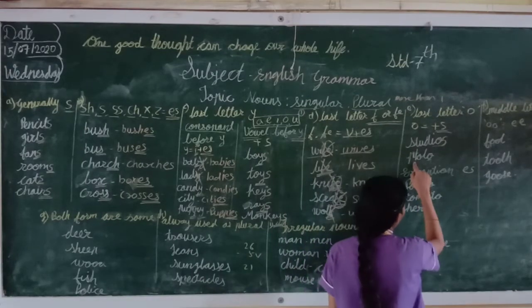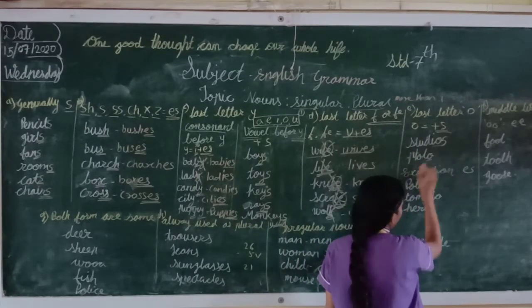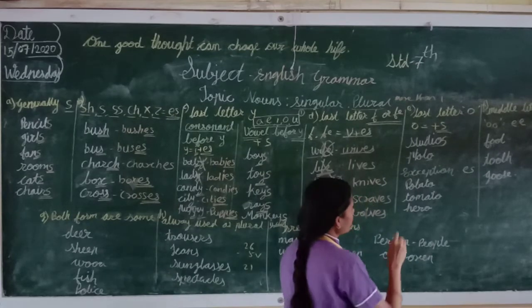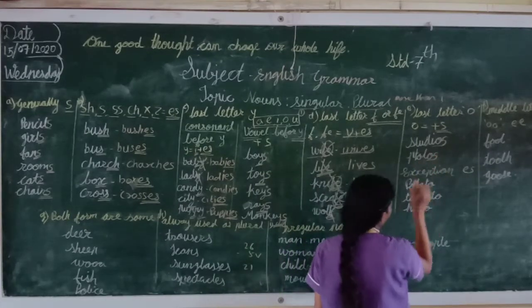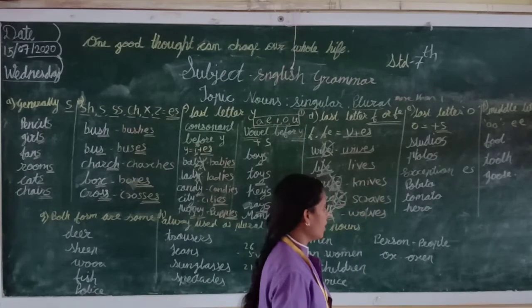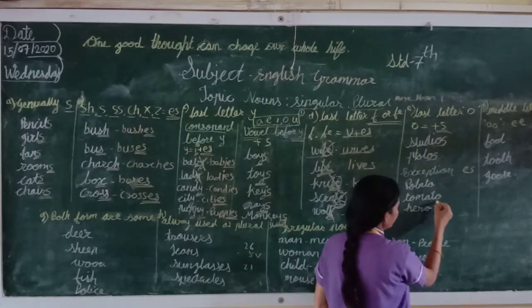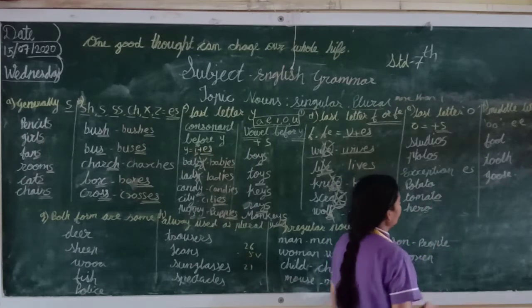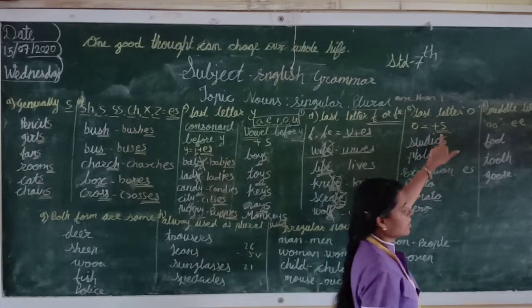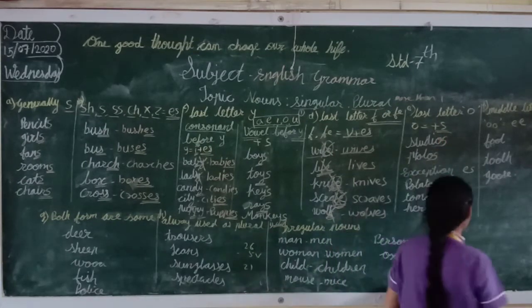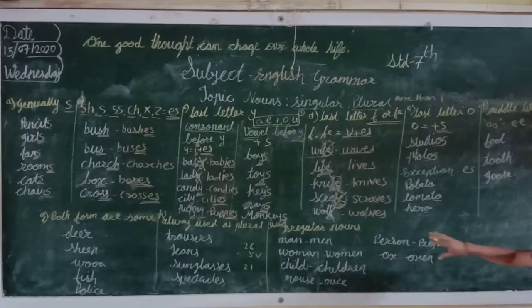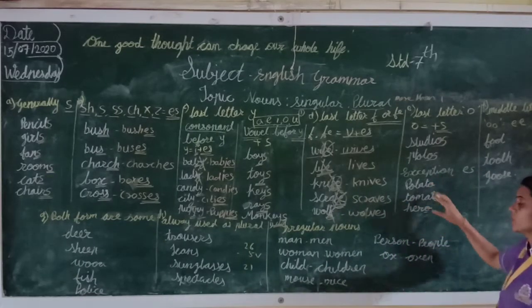Photos: one photo, and plural. The last letter is o, so we just join s. Photos. But some words are exceptions. Here also the last letter is o, but we will not join s. Some words are such that we cannot apply the same rules to them.